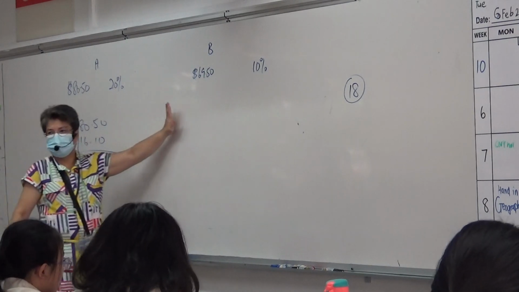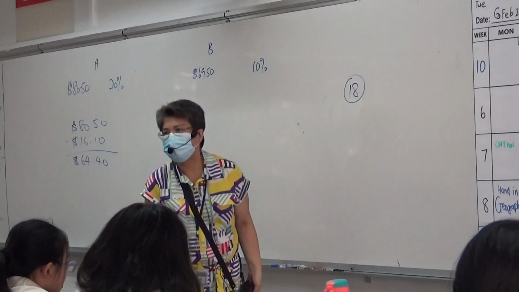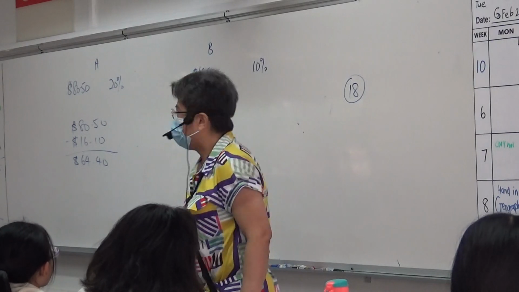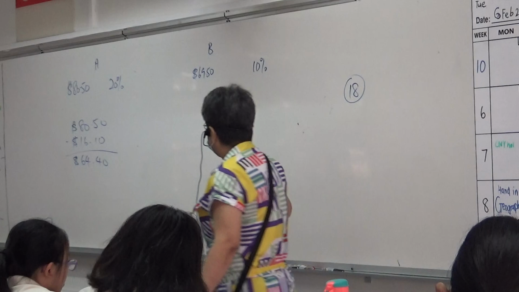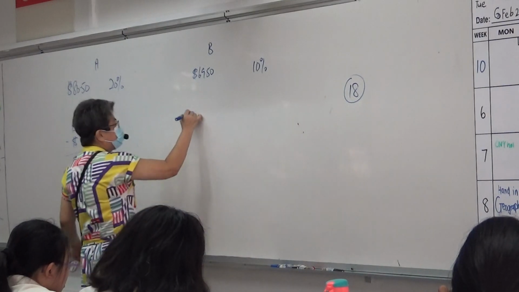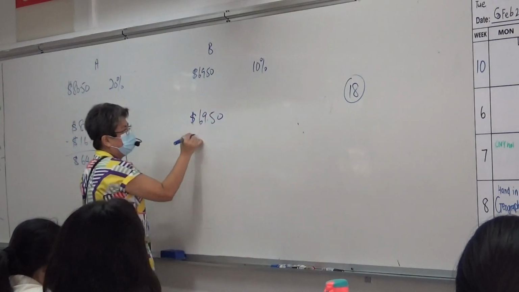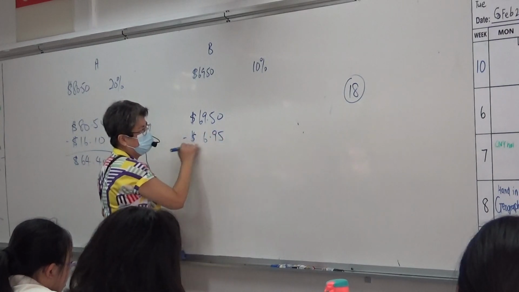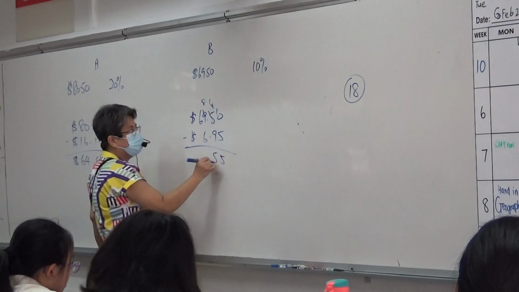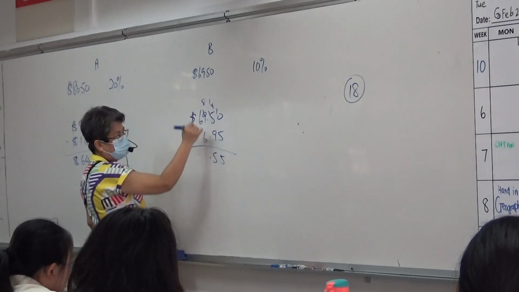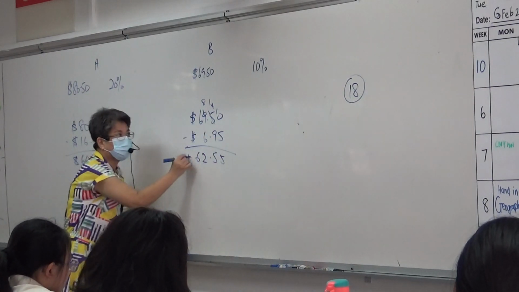What about this? What is 10%? 6.95, right? Around 7. Alright? So, we'll use this. How much is this? 2, 6, right?